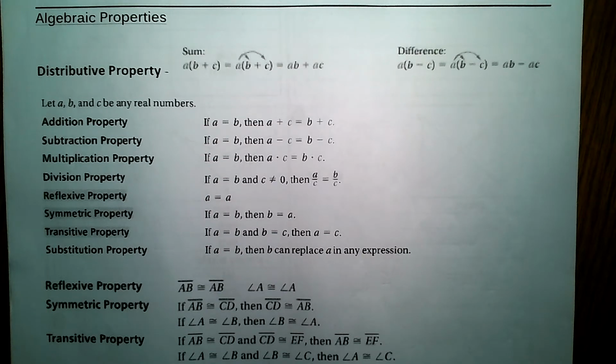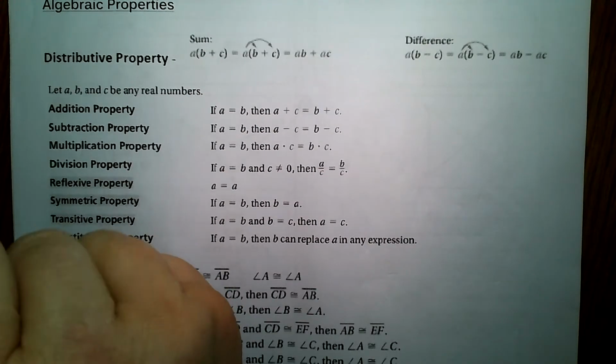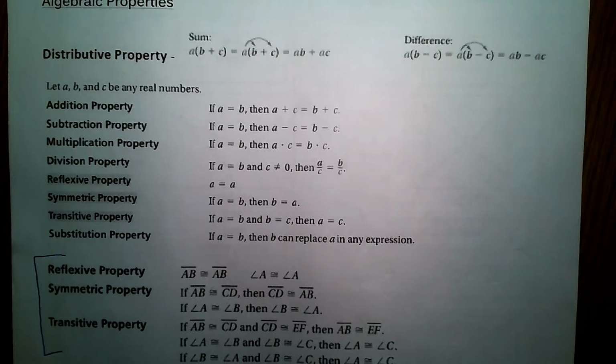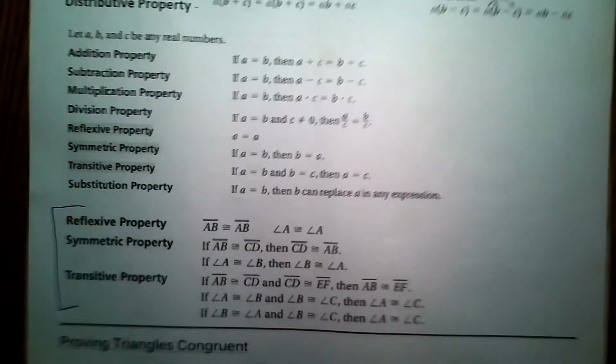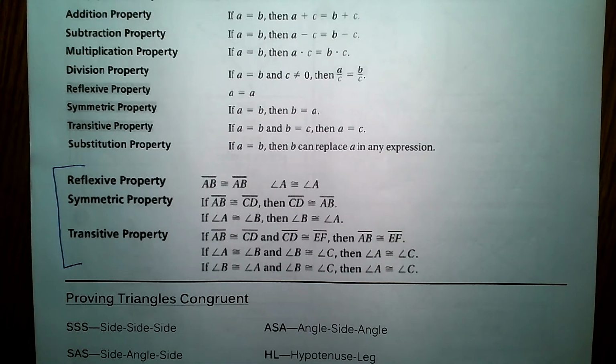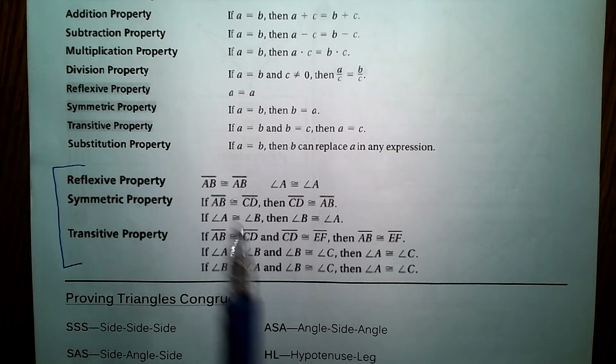Okay, so the part that you're probably really going to want to focus in on is this part down here, where we've taken the reflexive property, symmetric property, and transitive property of algebra, and we've extended it to geometry.